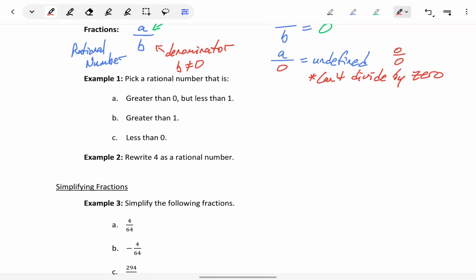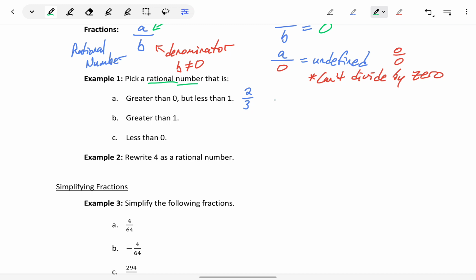In example 1, we're asked to pick some values given some particular constraints. In each case, we want to choose a rational number, which is another way of saying we want to choose a fraction, a number that can be expressed as a over b, that's greater than 0 but less than 1. An example of this would be 2/3.